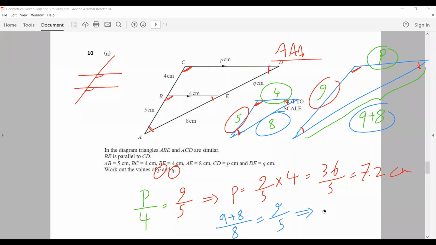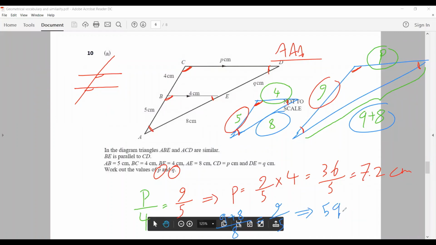So I get 5Q plus 40 is equal to 72. So 5Q is equal to 32. Therefore, Q is equal to 6.4 cm, right? 6.4 cm and 7.2 cm.